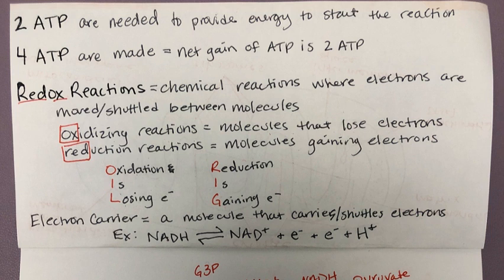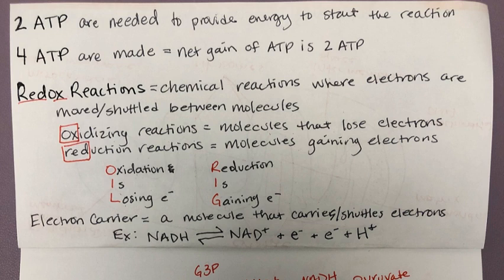The last concept that you need to know is what an electron carrier is. So an electron carrier is a molecule that carries or shuttles electrons. So it could be the result of either an oxidizing reaction or a reduction reaction.